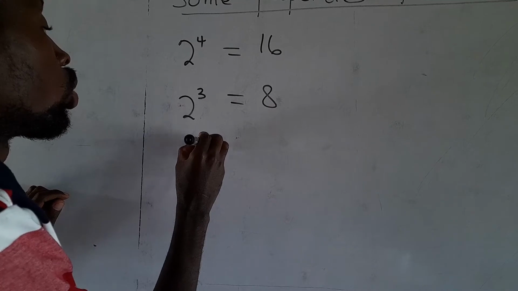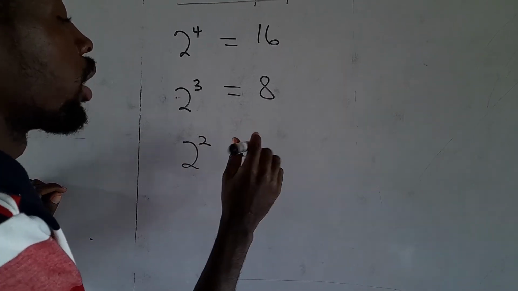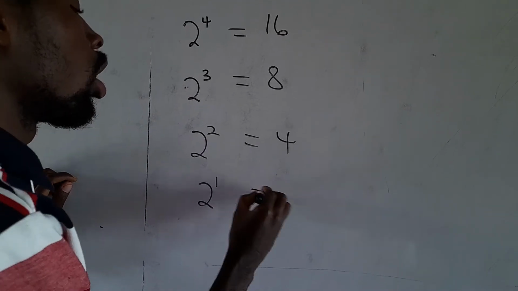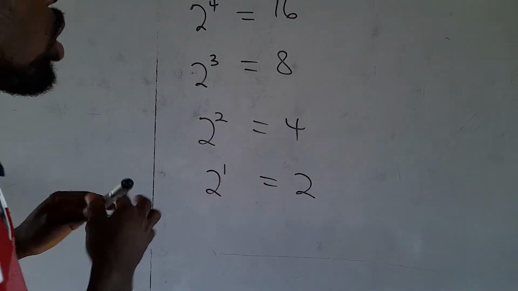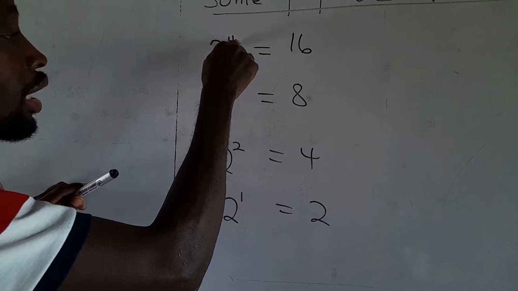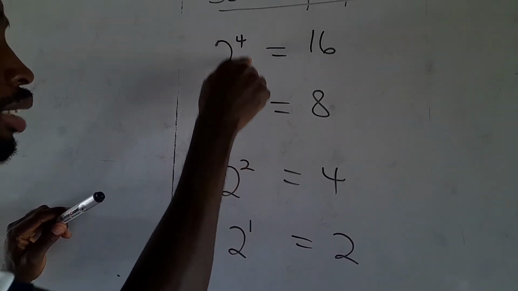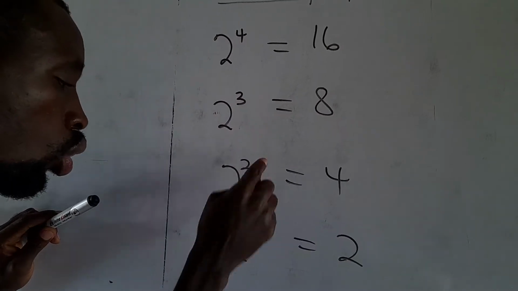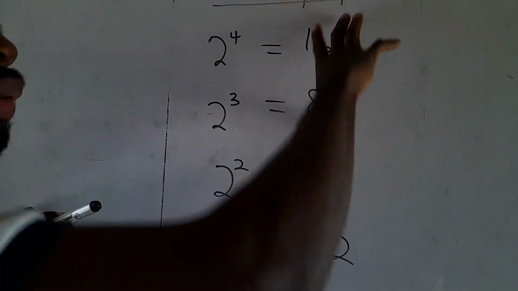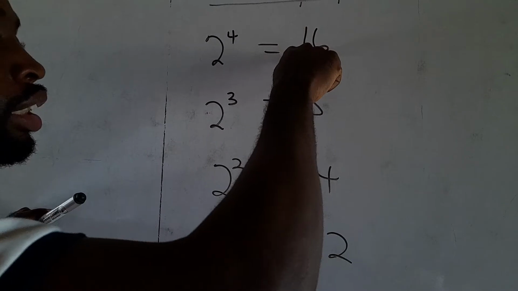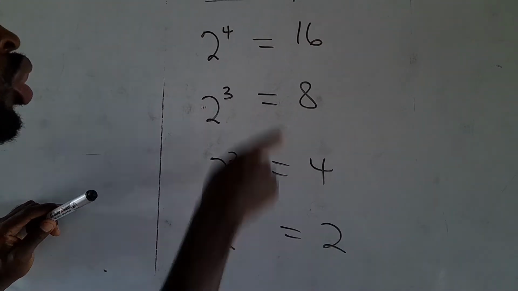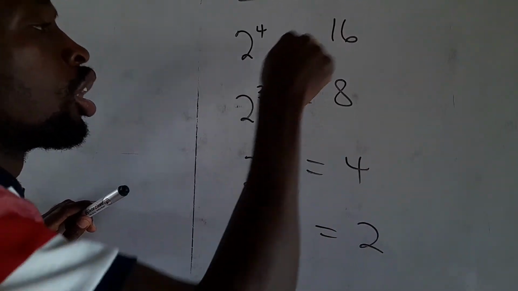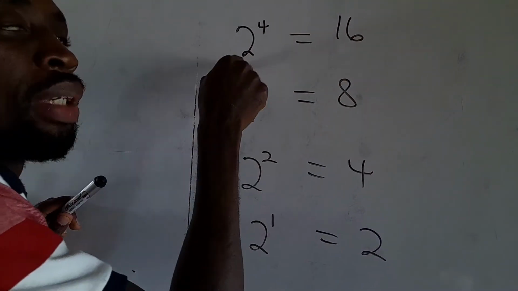Then 2 exponent 2, 2 multiplying itself twice, we'll get 4. 2 exponent 1, that will be 2. Now look at it. As the exponents are decreasing, 4 decreases to 3, 3 to 2, 2 to 1, what is happening to the answers? 16, 8, 4, 2. You can realize that to get the subsequent answer, you divide the previous answer by the base.